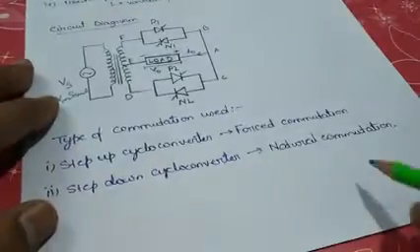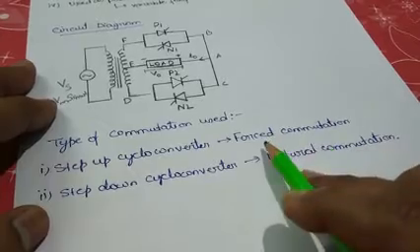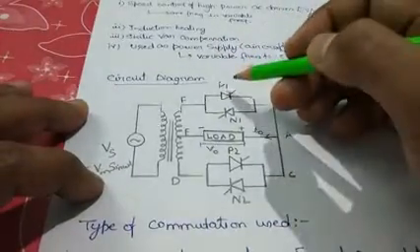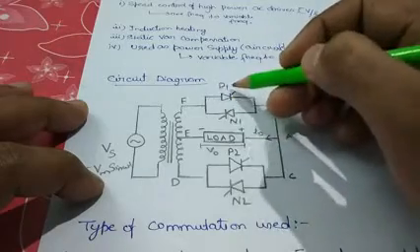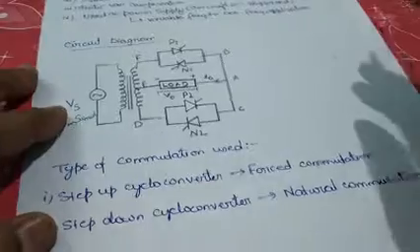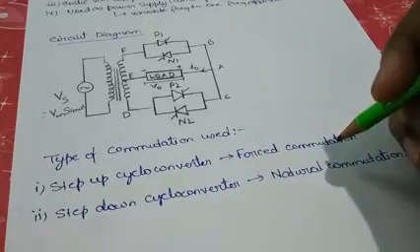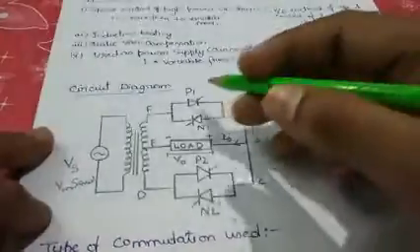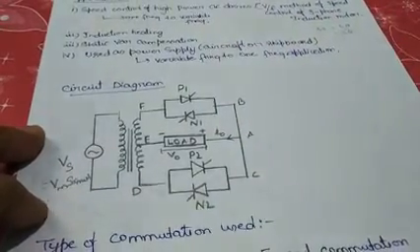Okay, so in natural commutation we do not need any extra circuit, but in forced commutation we need some circuit here that will forcibly commutate the thyristor when required. So we will see these two mechanisms for this same circuit in coming sections.